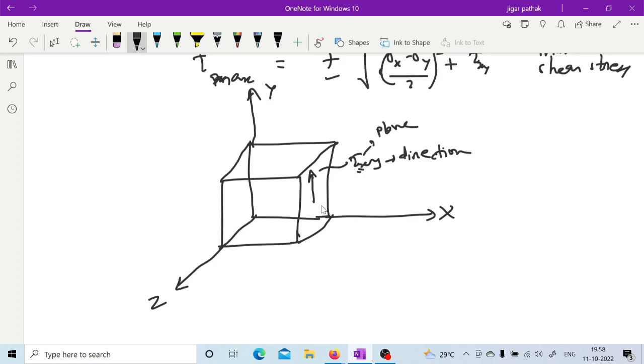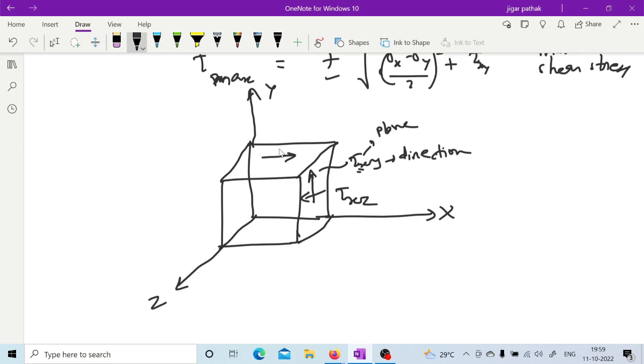So it is perpendicular to that x axis. This plane is where this tau xy is present and it is towards the y direction. So suppose if you have a shear stress in this direction, then it will be tau xz, right? Similarly, if you have this particular stress, can anyone tell me what this stress will be?